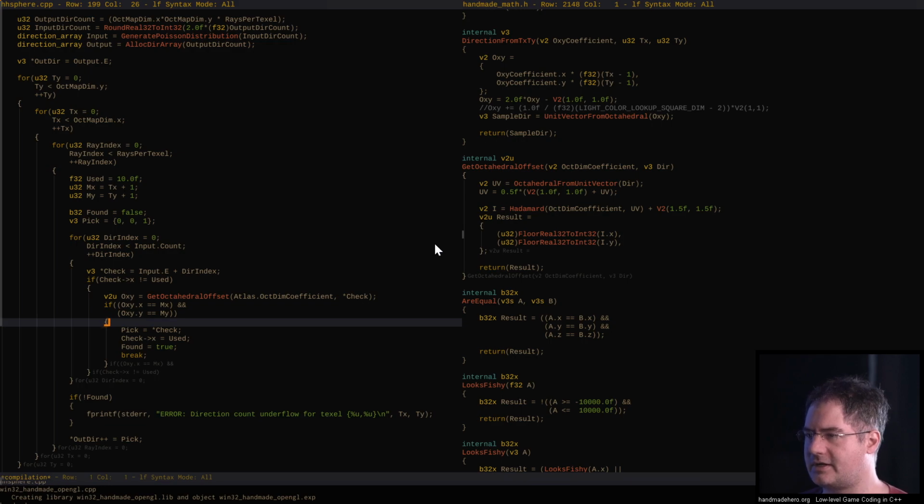Is it because our get octahedral offset routine is busted or something? You can see how this is working. It's stepping through the TX and TYs. And then for every ray that it needs to output, it does rays per texel of those for that TX and TY by just looping through, literally n squared, looking for something that matches.